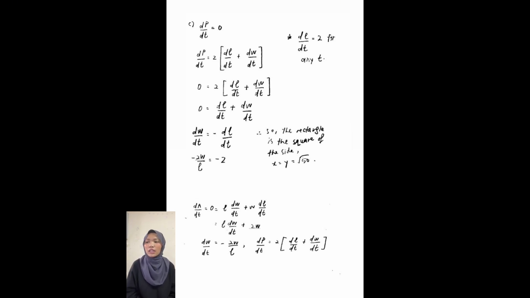So we will get dW/dt equals negative dL/dt. And lastly, we will get negative 2W over L equals negative 2. Hence, the rectangle is a square, which means L equals W equals square root of 50.